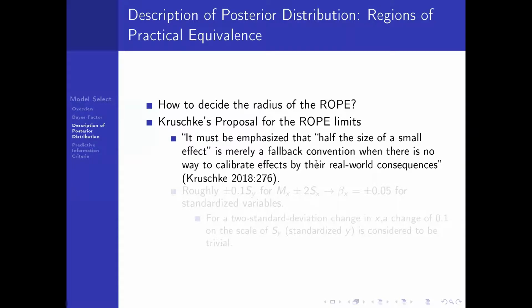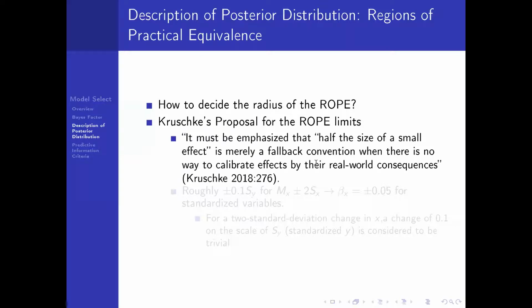And he proposes that it must be emphasized that half the size of the small effect, in this case 0.1, if you recall, Cohen's d set the effect size to be small at around 0.2, right? So Kruschke argues that it must be emphasized that half the size of the small effect, that is 0.1, is merely a fallback convention when there's no way to calibrate effects by their real-world consequences.